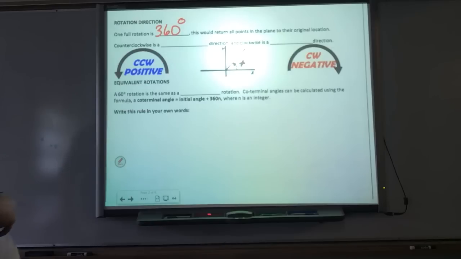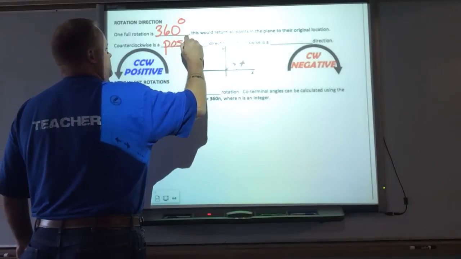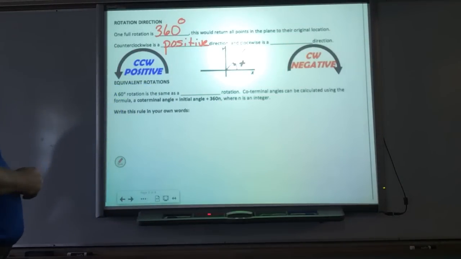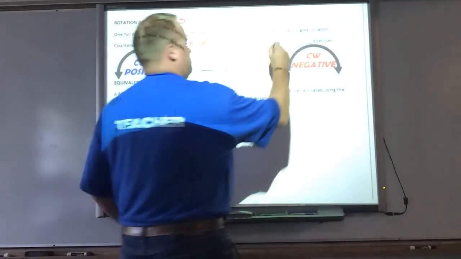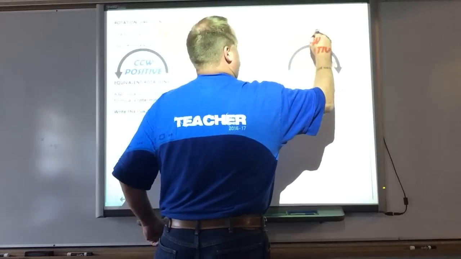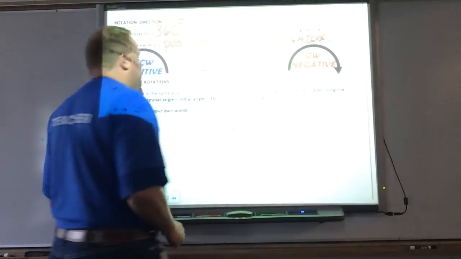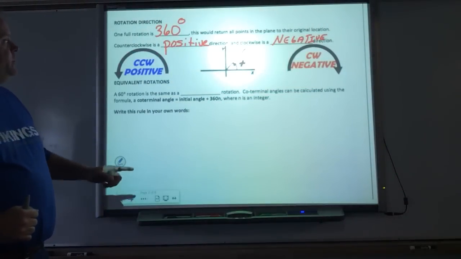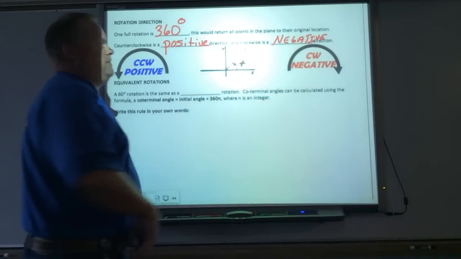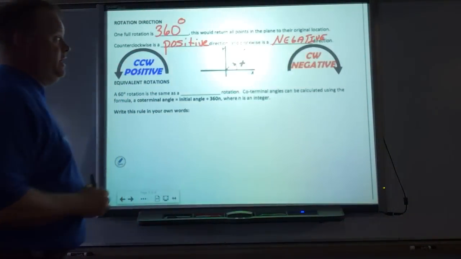Counterclockwise is a positive direction, and clockwise is a negative direction. So if I'm going to rotate positively, I'm going to go counterclockwise, and if I'm going to rotate negatively, I'm going clockwise.